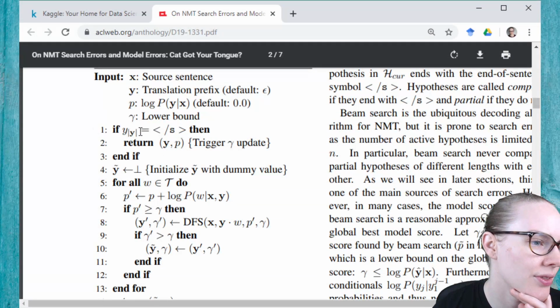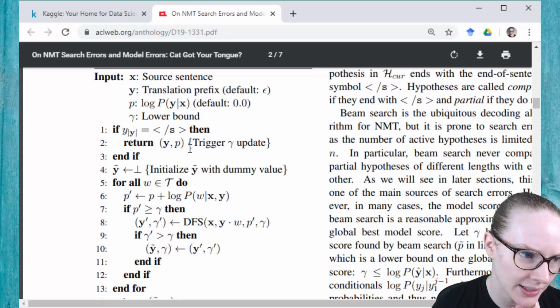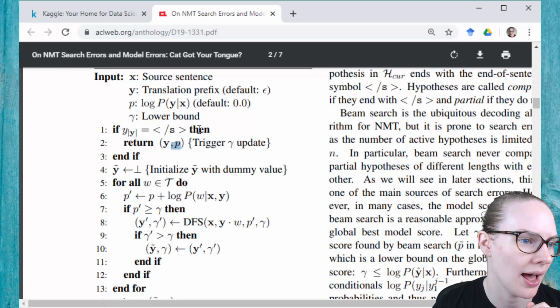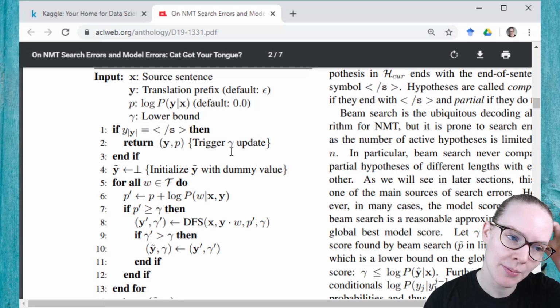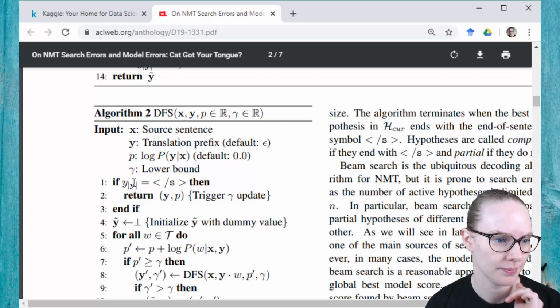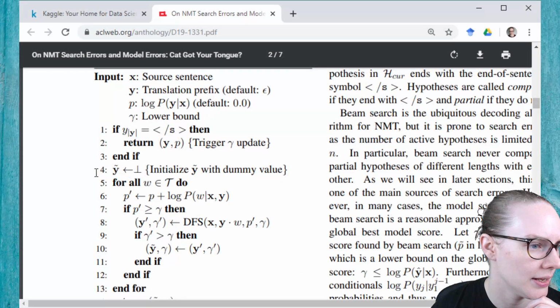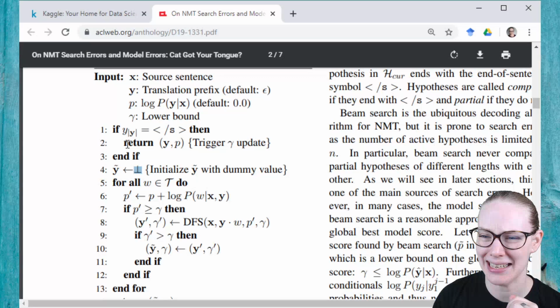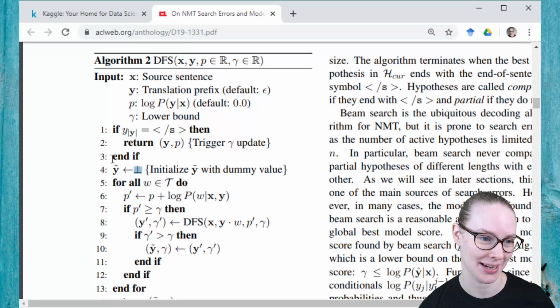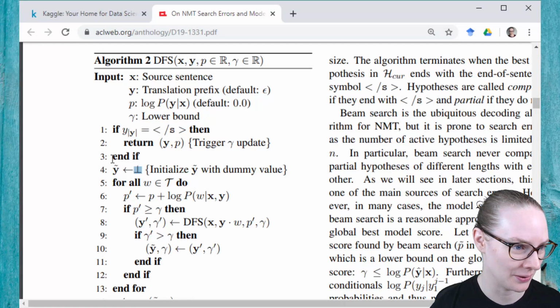So if the next token is the end of the sentence, then return the translation and the probability, so the score, and then trigger a gamma update, so this lower bound is bumped up. And then Y tilde gets this upside down T symbol. I don't know what the upside down T means. We initialize it with a dummy value.